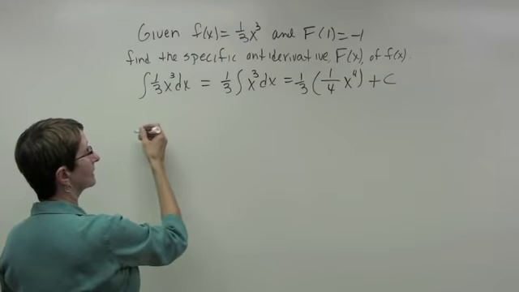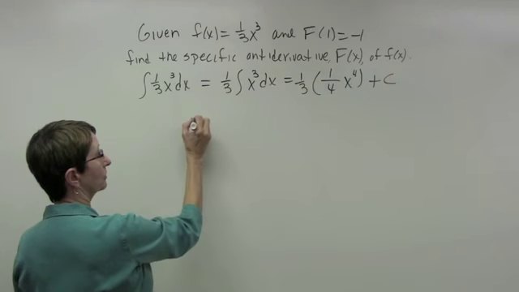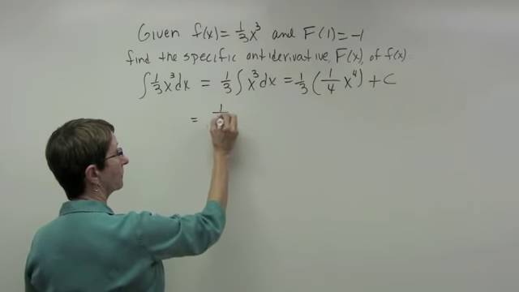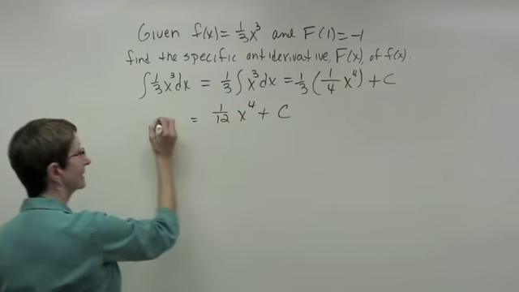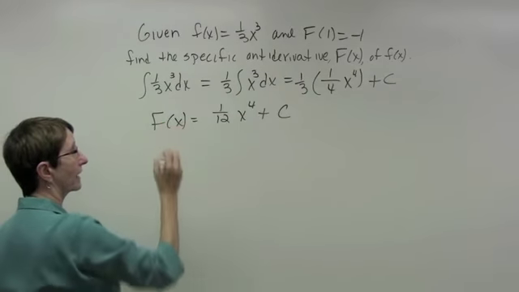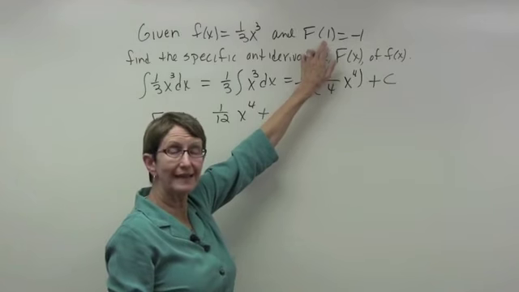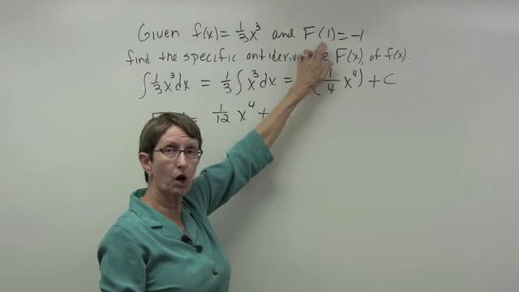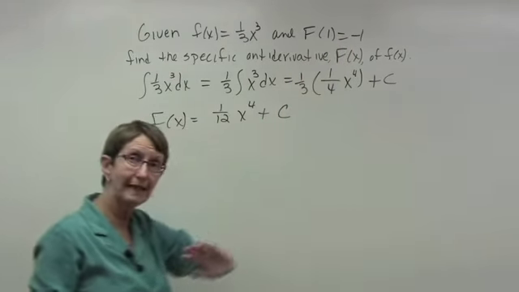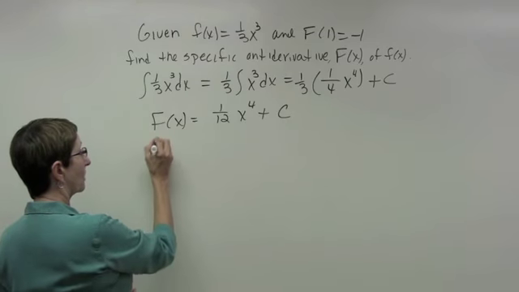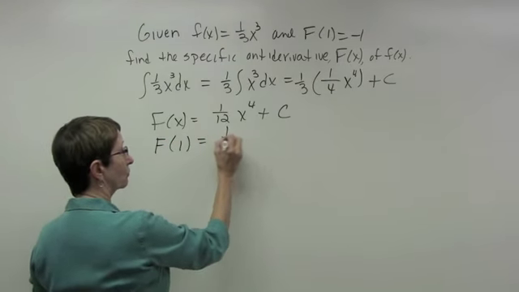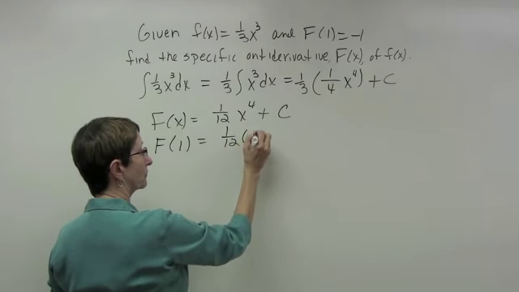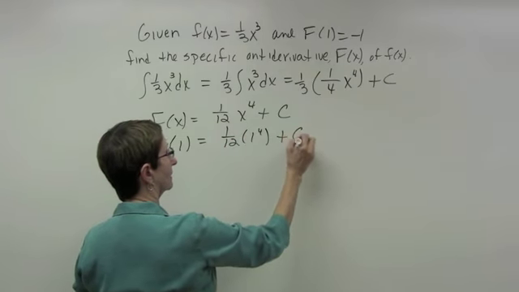So my function, I can think of, capital F of x, would be 1/12 x to the 4th plus c, and I'll call this f of x. You find c by letting x equal 1 and f of 1 being negative 1. So my f of 1 equals 1/12 times 1 to the 4th plus c.